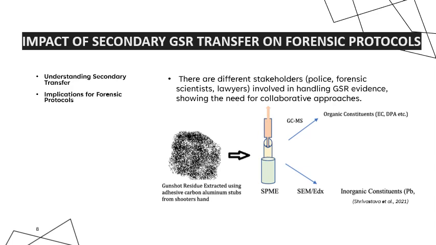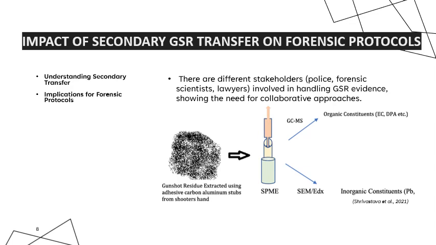So, the implications for forensic protocols. You've got your revised sampling techniques. This stresses the need for comprehensive gunshot residue sampling protocols that include not only primary suspects, but also other individuals and objects potentially involved in the incident. This approach is necessary to capture the full extent of GSR dispersion and transfer.